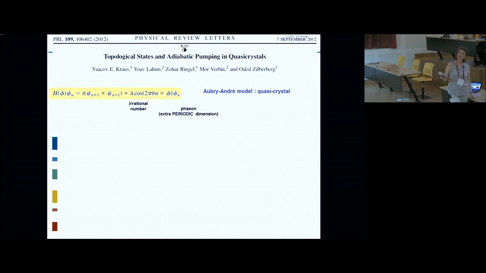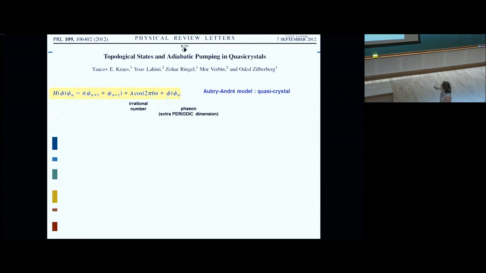What they were doing is looking at the quasi-crystal, which is the Aubry-André quasi-crystal, which you can get in a tight-binding model using this equation. The yellow is not very good. Do you see what is written? Or is it okay, or can I remove the yellow?